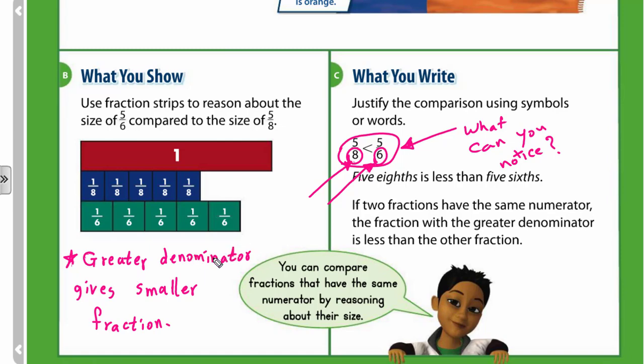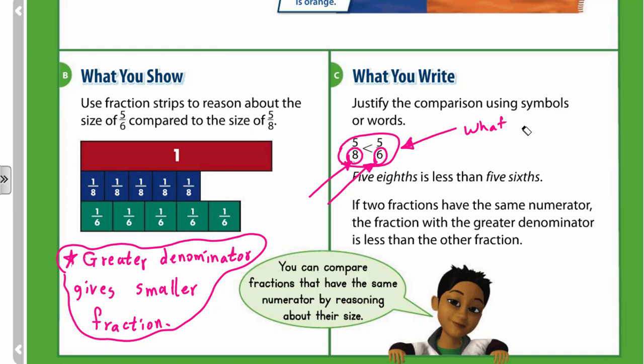So, as Hassan said, if we have two fractions with the same numerator, the greater denominator gives a smaller fraction. Okay, this is a note that we can use to compare fractions with the same numerator. So we need to write it. Please, my heroes, write it. Go ahead.